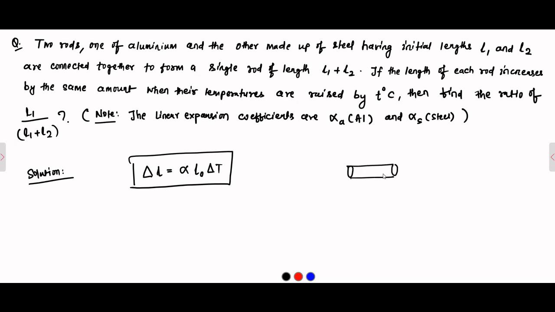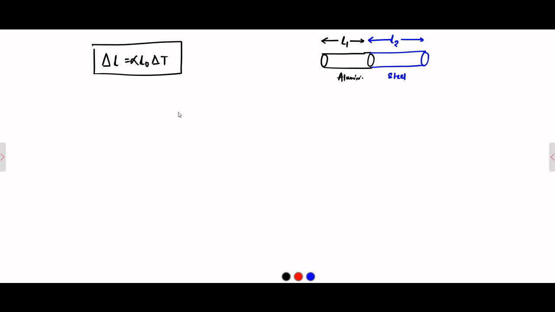One is of aluminium having initial length of L1, and another one is of steel having initial length L2. Both are joined together to form a single rod. So according to the question, when temperature is increased by T degree Celsius, the increase in length in both aluminium and steel is the same.